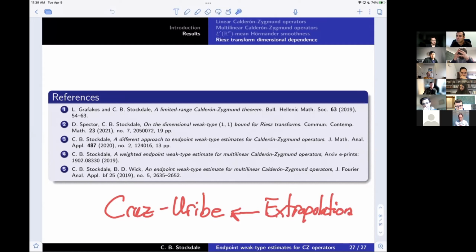There's a paper of Cabe Moen and I believe Sun, where they prove the A2 conjecture for the multilinear setting. So they prove the optimal dependence for the strong type inequalities. And I'm pretty sure that their proof relies on multilinear extrapolation.